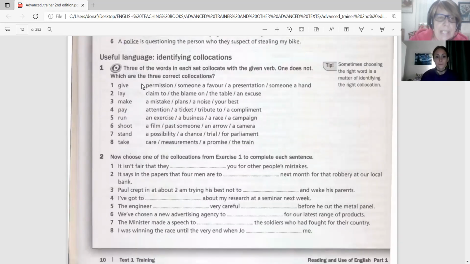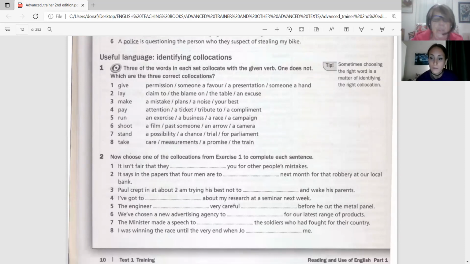Ok, vediamo quest'altro. 3 of the words in each set collocate with the given verb. 1 does not. Which are the 3 correct collocation? E qui iniziamo con le collocations. Io ho anche un libricino con tutte le collocation che mi sa che poi te lo faccio avere. Ok.